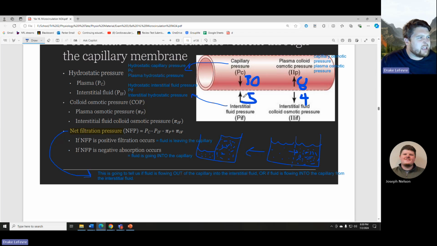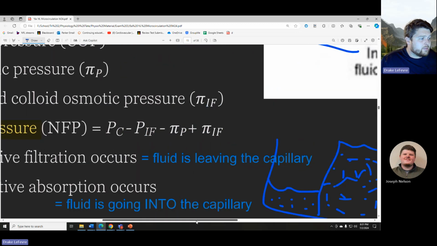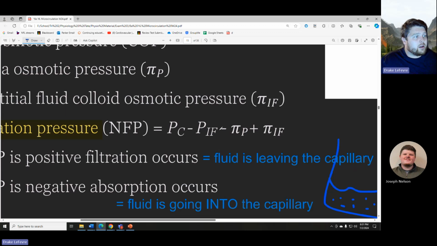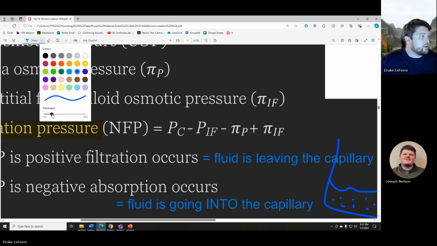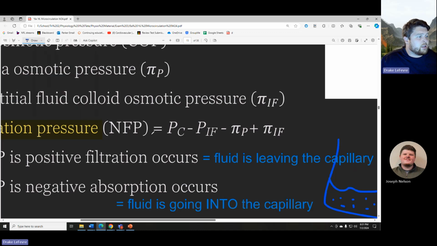Hopefully he doesn't give you negative values. If he's giving you this equation, the way that I learned it, we had to input which number was negative, which was positive, and know what direction each one was going. Doesn't look like he did that. He formulated the equation so that you don't have to worry about the negatives and the positives.